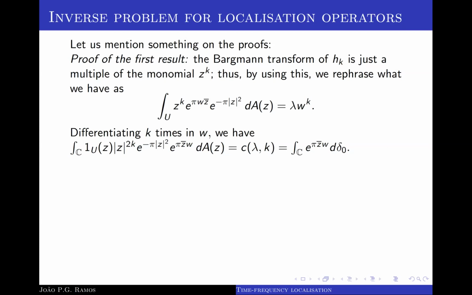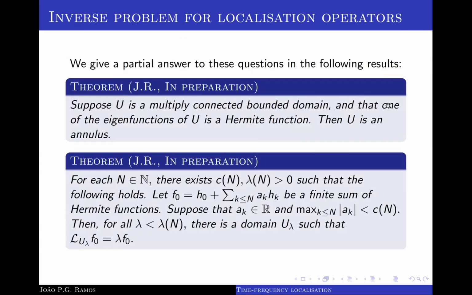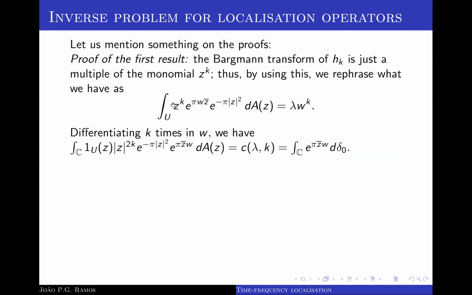So if you take Bergman transforms in what it means to be an eigenfunction of the localization operator, you have to trust me on that one, but you get this integral equation: the integral over U of z to the k, e to the pi w z bar, times this measure, e to the minus pi modulus z squared area measure, is lambda w to the k.